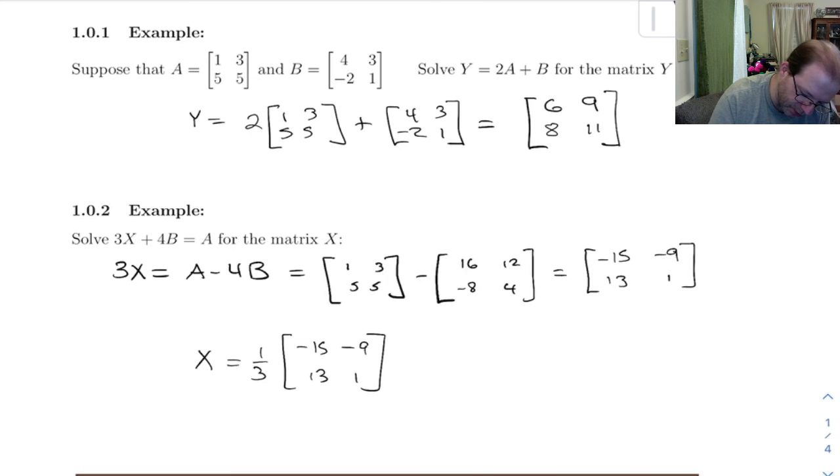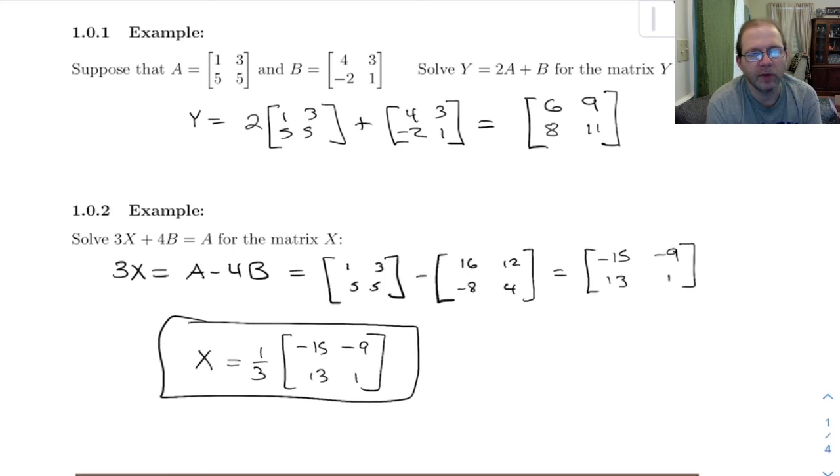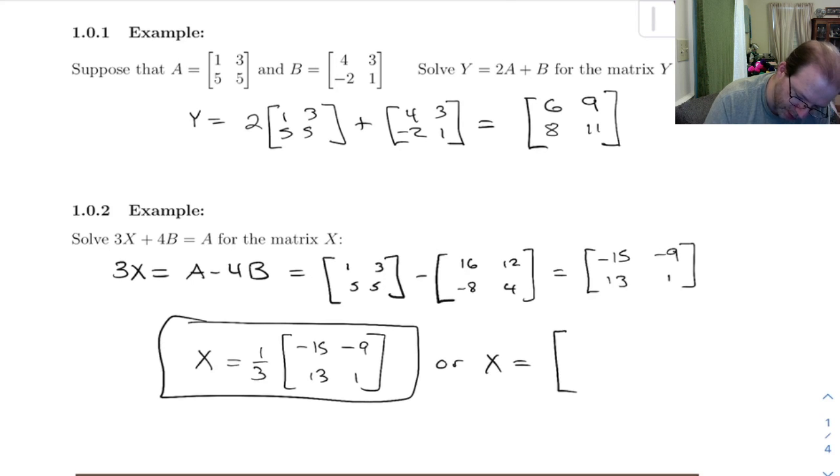And it's legit if you want to leave your answer like that, because otherwise it's just distributing the 1/3 through there. Or we could write our answer as distributing that 1/3 in there. So either one of those is a perfectly good way of doing it.